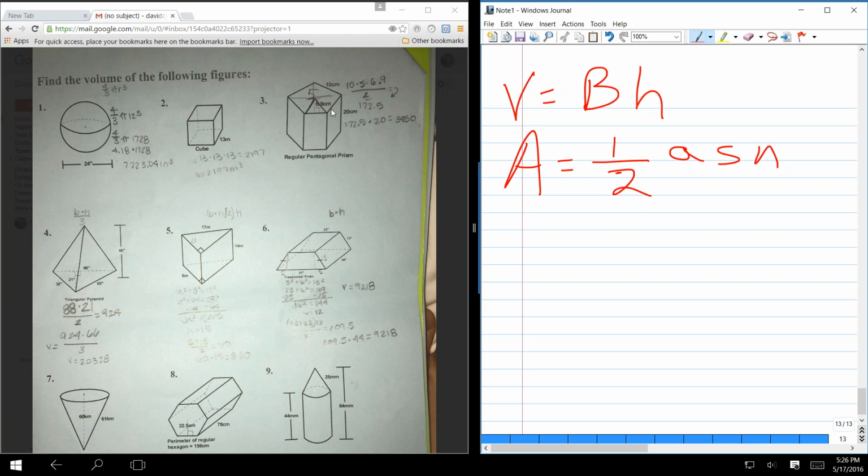I can't believe that on a test this would be just a normal problem. This would be a much better problem if this measurement here was the radial line. You see why? Because if they don't give you the apothem, you're going to have to solve for it.